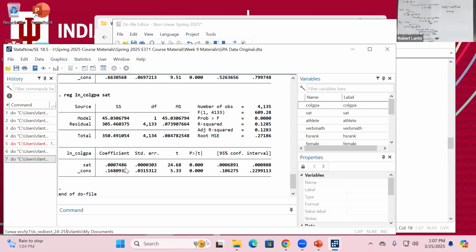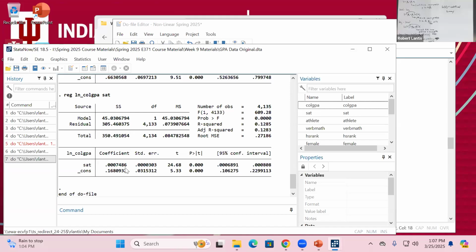So it would be if my SAT score changes by one point. It's not percentage. It's still units. I guess I'm assuming everyone knows the SAT is measured in points. So a one point increase in my SAT score would cause my predicted y variable to go up by 0.0007.